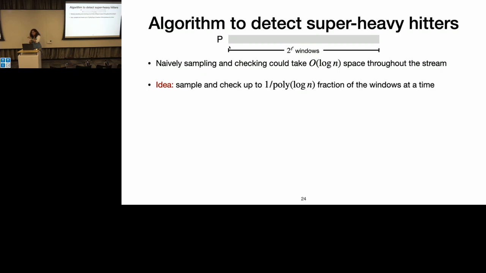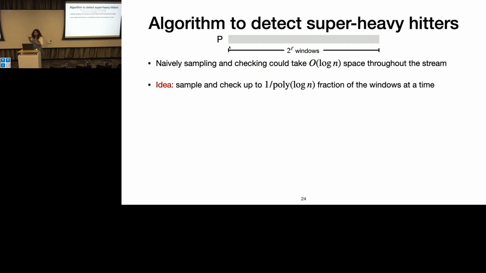I'm just checking if there is some element in that set that occurs in all the windows that I'm looking at. So I do have to remember the element to make sure that it occurs in all these windows. But I want to make sure that I'm not remembering it across all these windows, ending up using log n space.